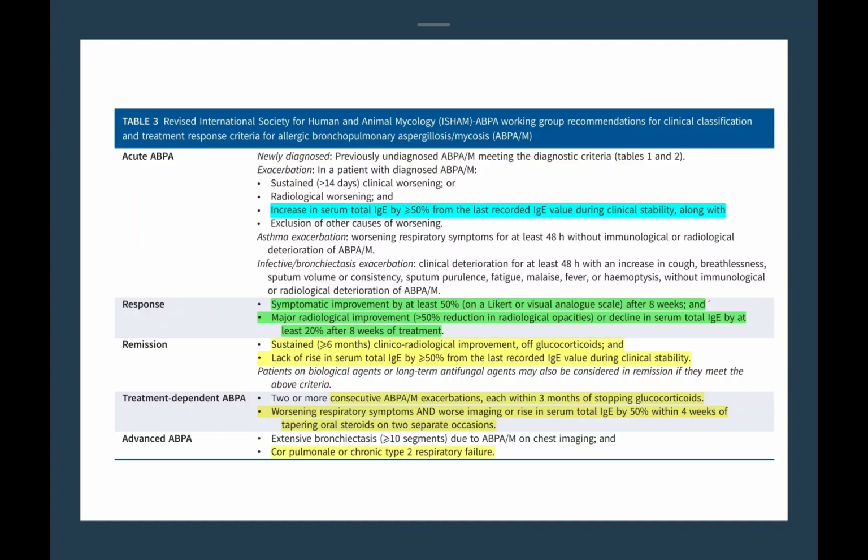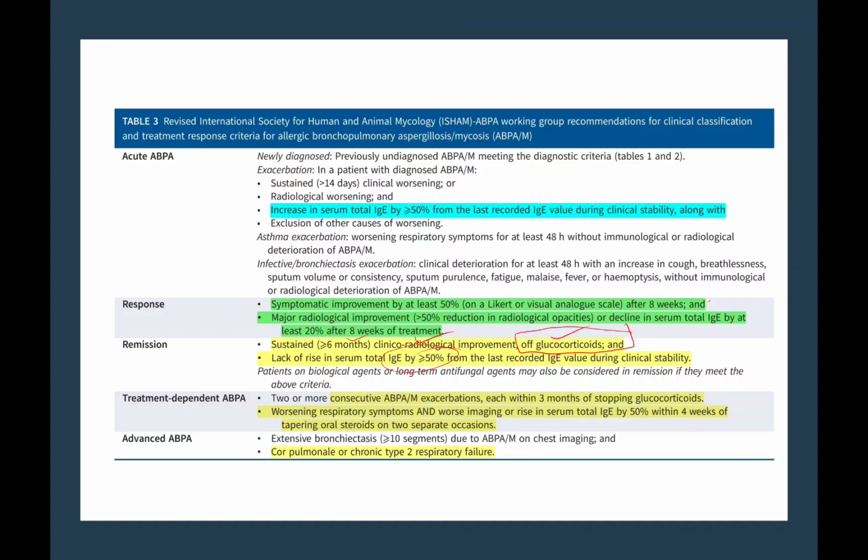We say remission if there is more than 6 months of clinical and radiological improvement and the patient is off steroid. So we have stopped the steroid and the patient has been stable for more than 6 months, and there is no rise in serum total IgE.